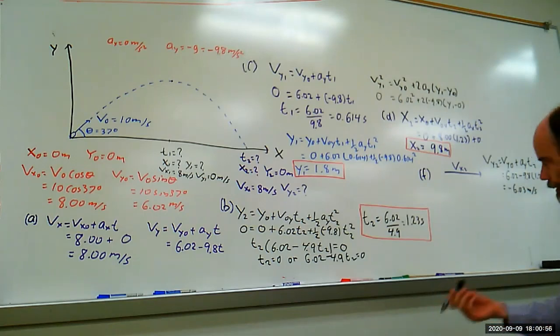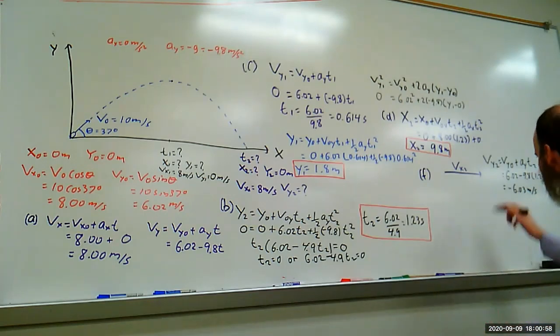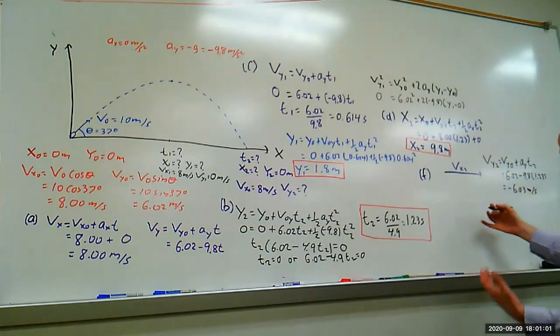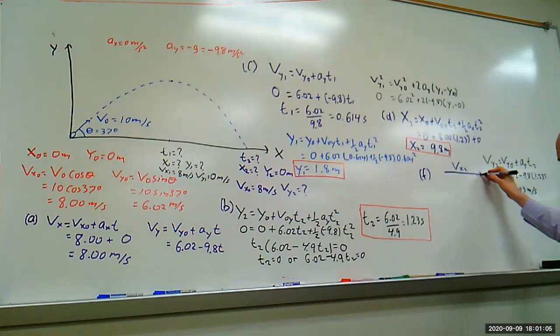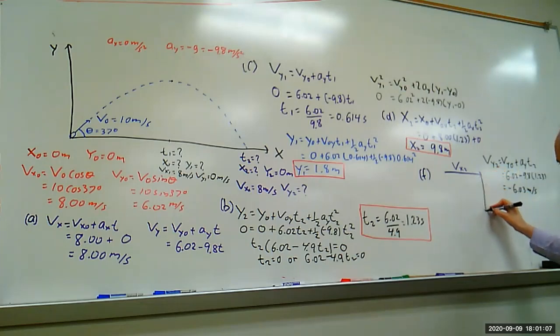It makes sense. So now I'm going to draw the Vy2. The vector is going to be down because it's negative. So I'll draw that here. So this is Vy2. I'm just going to put the magnitude here, 6.03 meters per second.